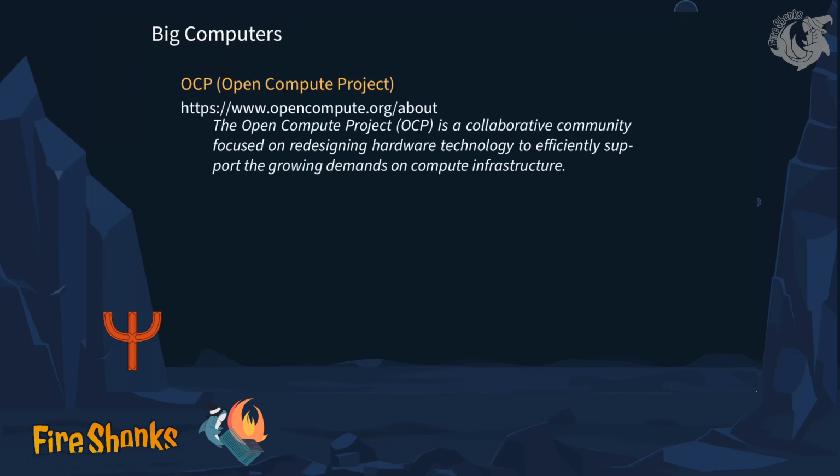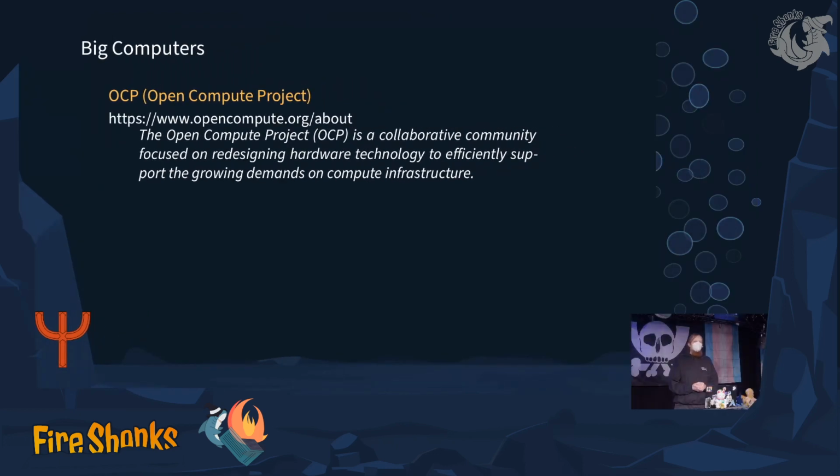There's also bigger computer projects. A few of you might have heard of this one. There were people from Google and Facebook who have big data centers, and they have specific requirements. So they founded a community where they thought about how to design hardware for those specific requirements.